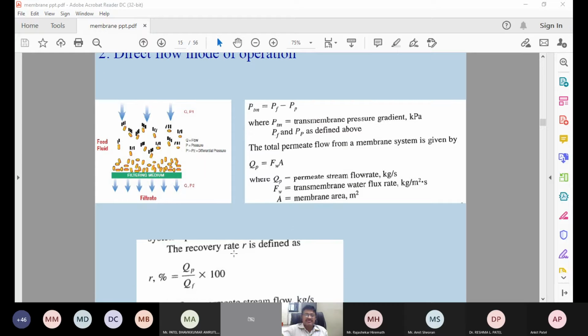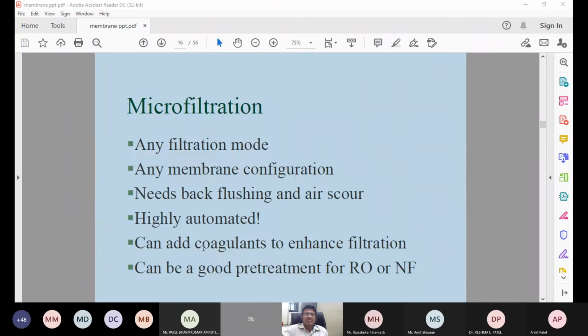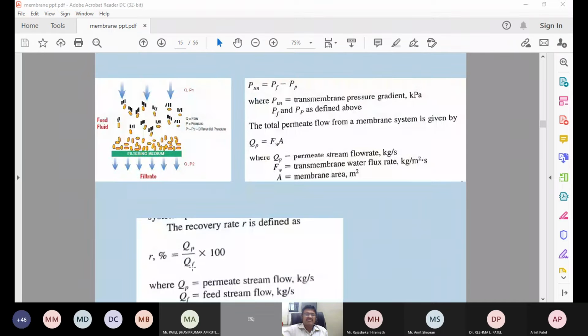Now the recovery rate, how much is recovered, is the quantity of permeate divided by the quantity of feed, times 100. That is the recovery rate. It is very simple.